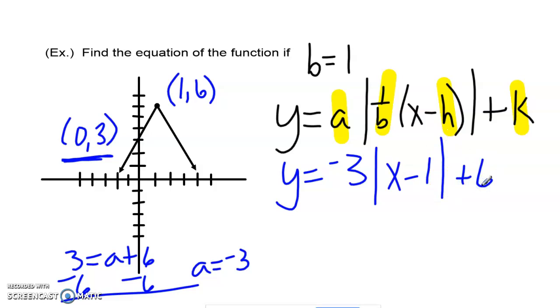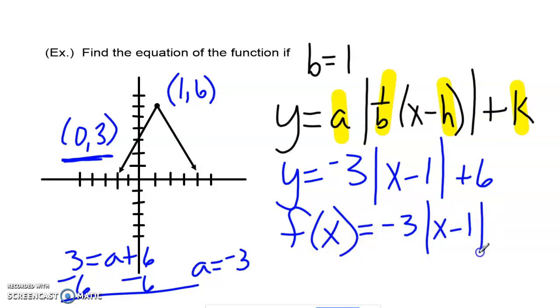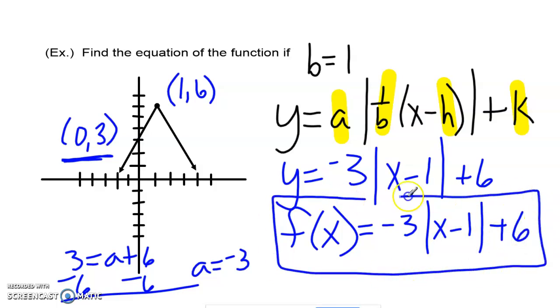And then the only thing we need to change is to write it in function notation. So f of x equals negative 3 times the absolute value of x minus 1, plus 6. And that is the equation for the function that is graphed.